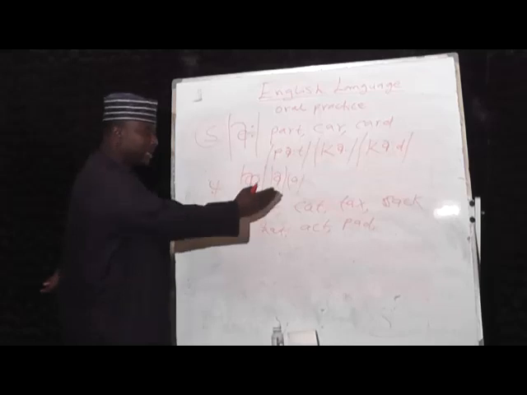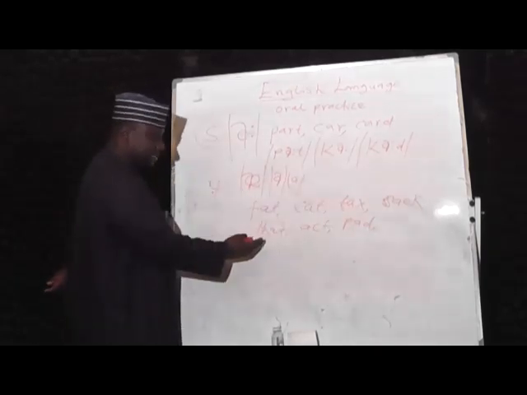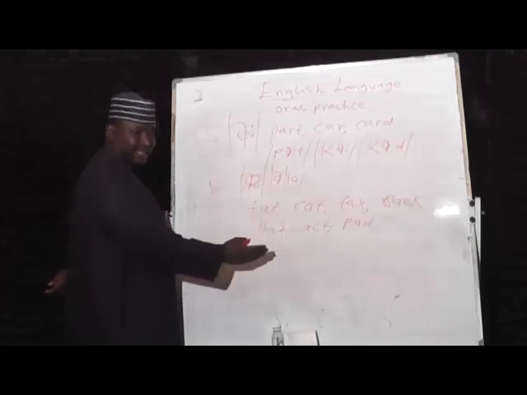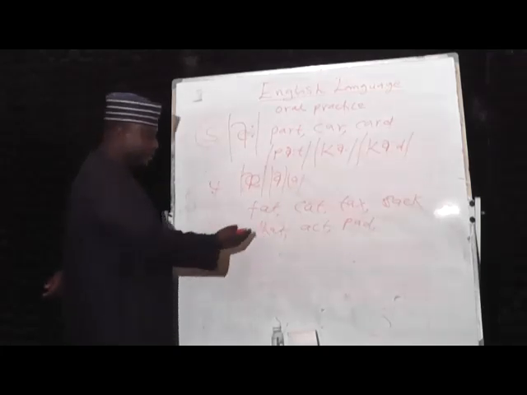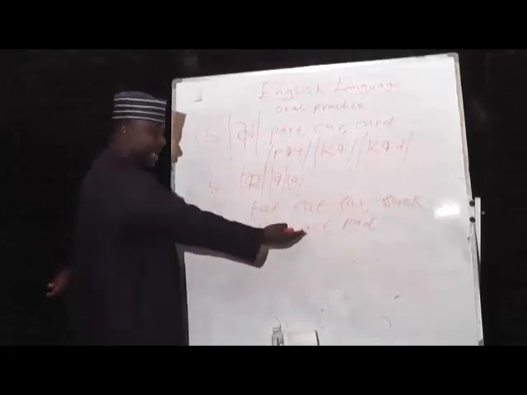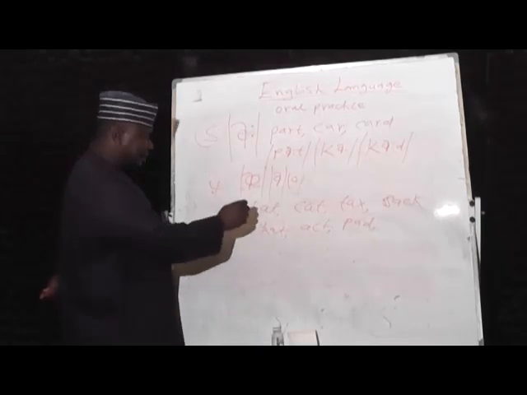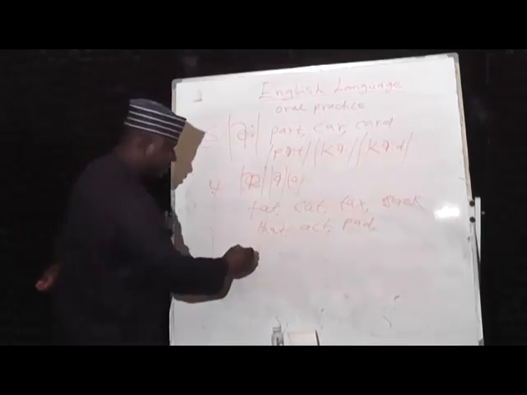Fat, cat, tax, sack, that, act, pat. Let's do it together. Fat, cat, tax, sack, that, act, pat. Now if you are to transcribe these sounds, you find them like this.